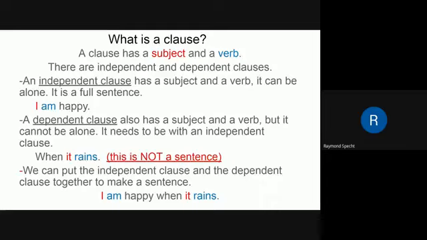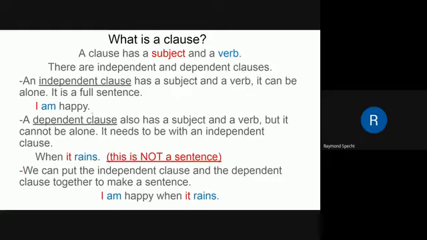Okay, let's talk about what is a clause. A clause has a subject and a verb. There are independent and dependent clauses. An independent clause has a subject and a verb, and it can be alone. It is a full sentence.